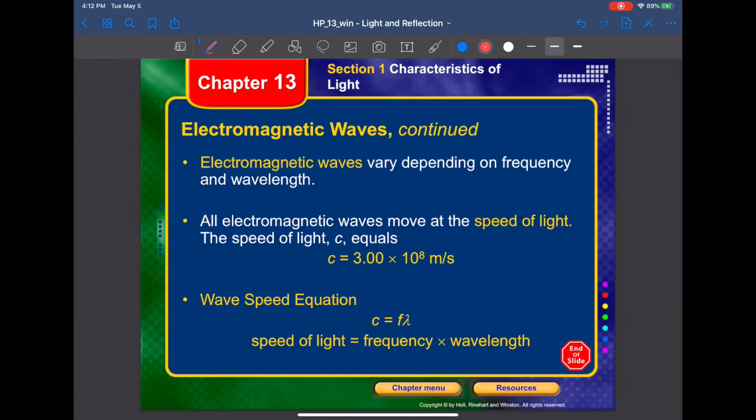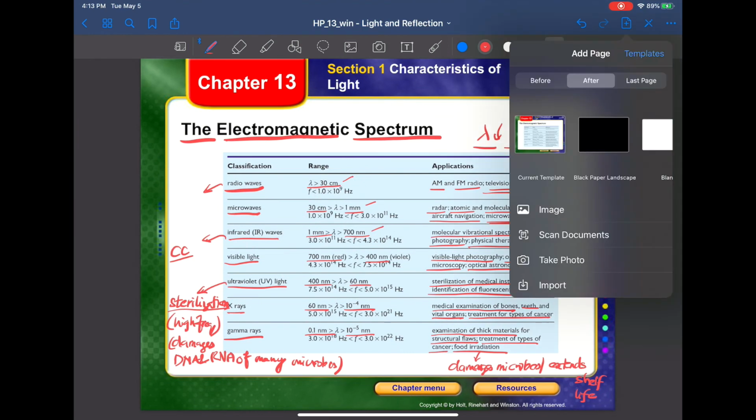Now, what is the relationship between an electromagnetic wave's frequency and wavelength? We call it the law of electromagnetic radiation. What does that law state? It states that for any electromagnetic wave, the speed of the wave is constant.